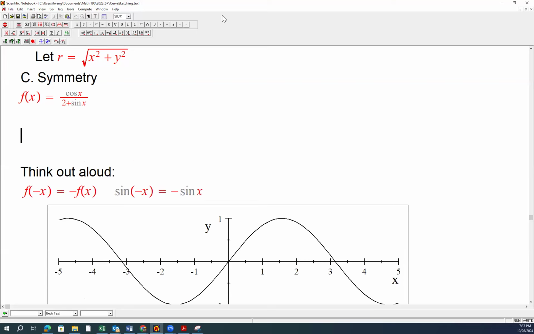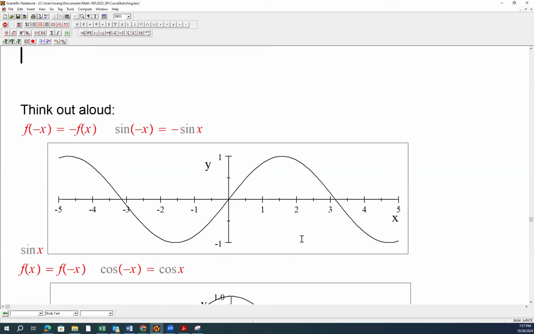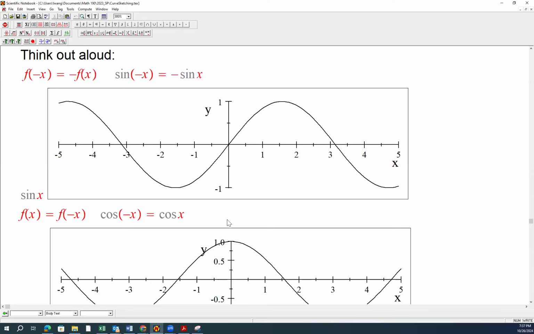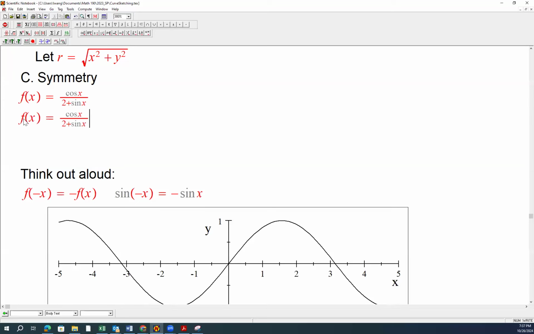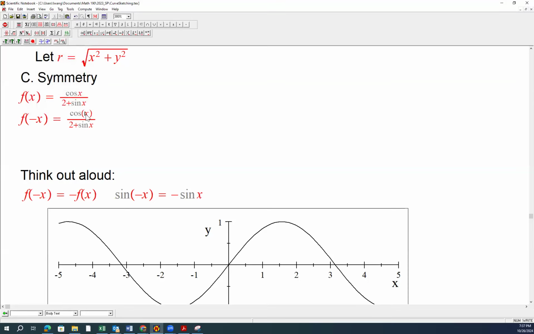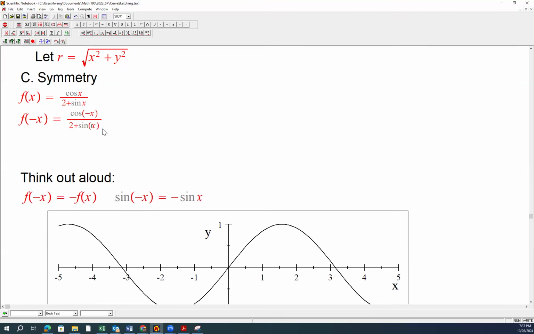When we decide on symmetry, one of the things which is easy to check is that an even function is symmetrical about the y-axis, and an odd function is symmetrical about the origin. So we can check if we have symmetry there. You can check for f of negative x, what does that equal, with all the x replaced by negative x?